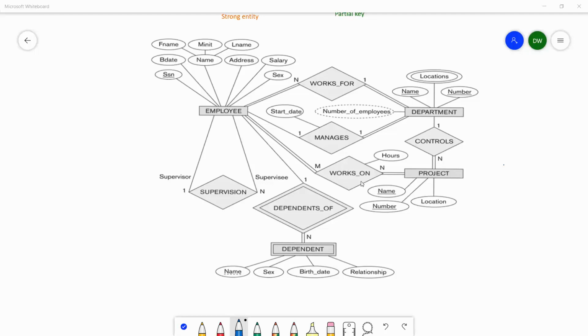And here you see total participations, right? Where you see total participations? Here you see total participation, and here total participation, and here total participation, and this place also you see total participation. Again, another place is there. There are a number of total participations.